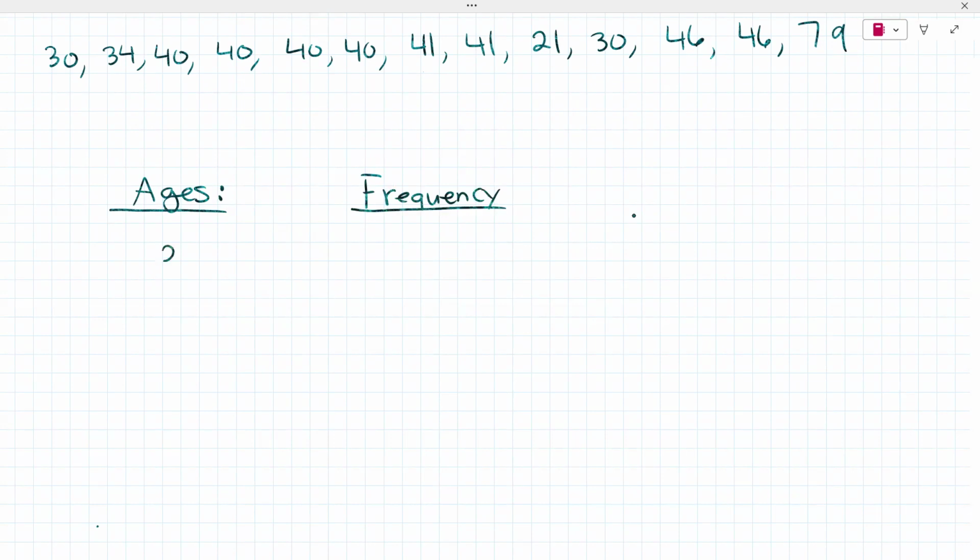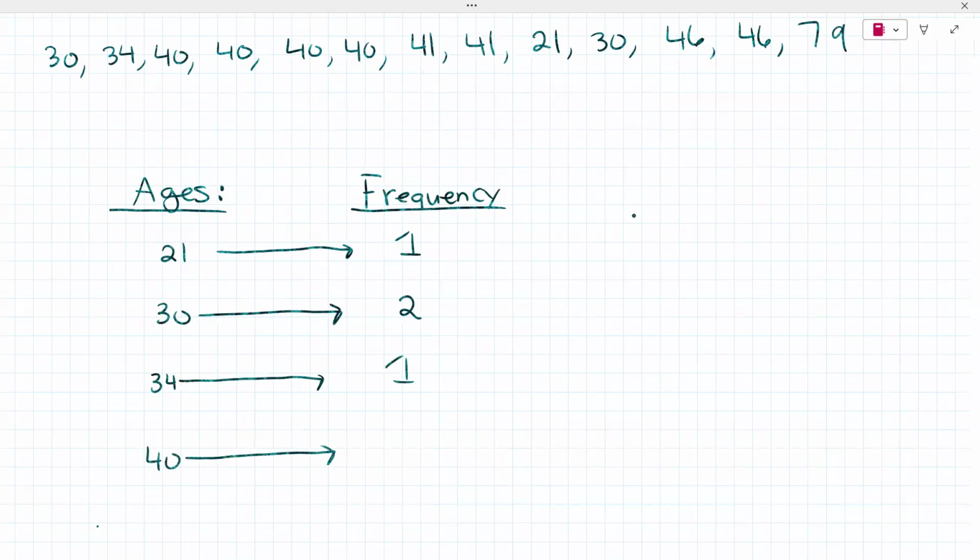Okay, so age 21. This would have a frequency of 1. Age 30. That would have a frequency of 2. 34. That has a frequency of 1. 40. It has a frequency of 4. 41.